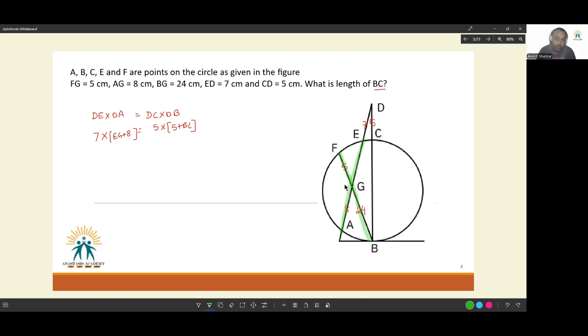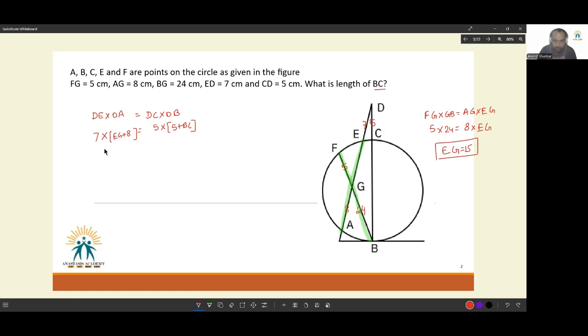These are two intersecting chords, which would imply FG into GB has to be equal to AG into EG. So FG is 5, GB is 24, AG is 8. So you can get the measure of EG. EG will be equal to 15.